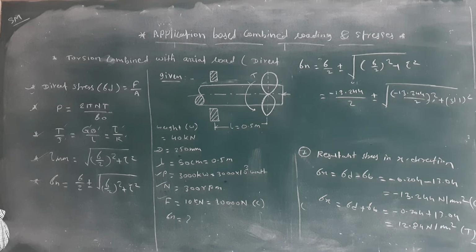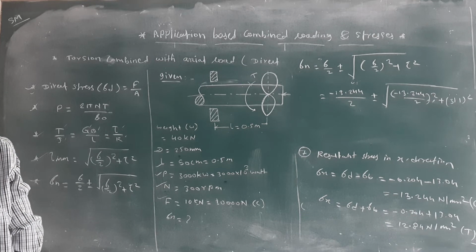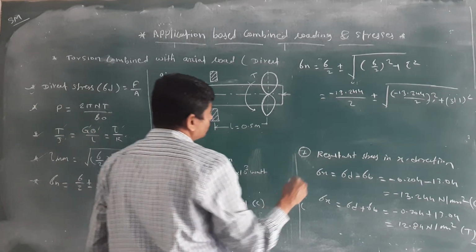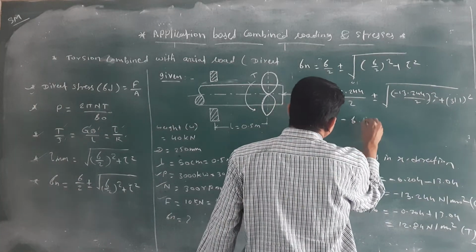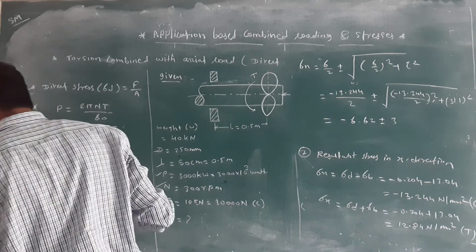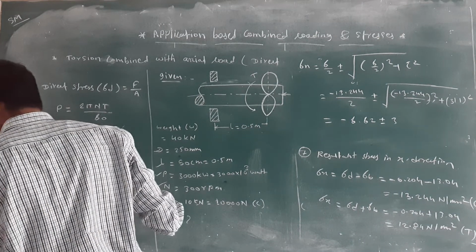Then you will get minus 6.62 plus or minus this value, you will get 31.8.